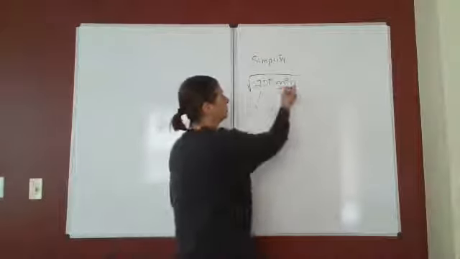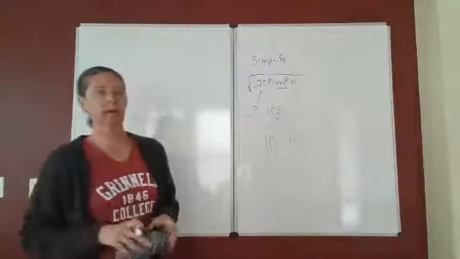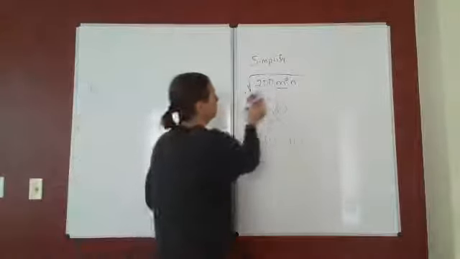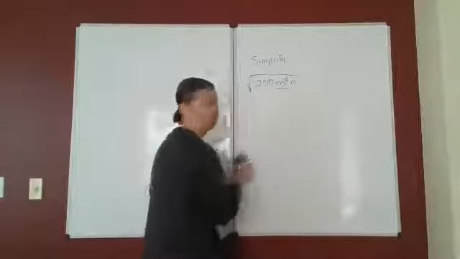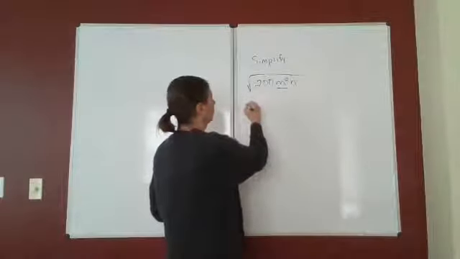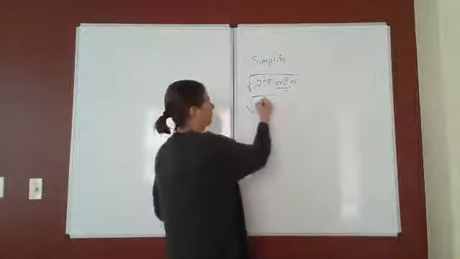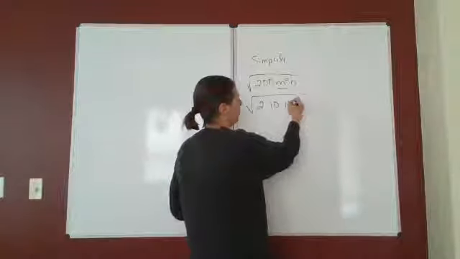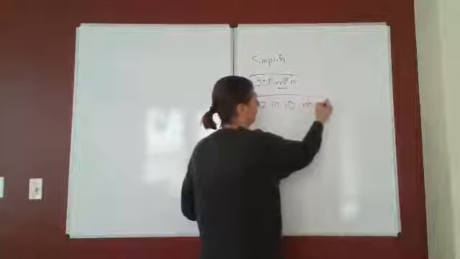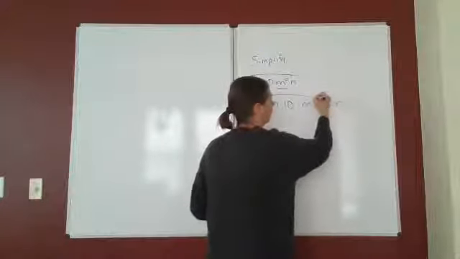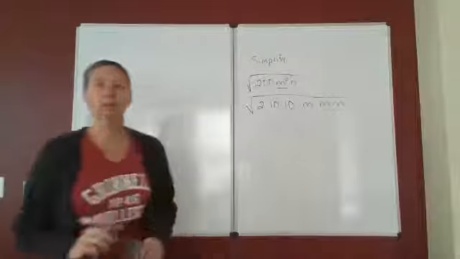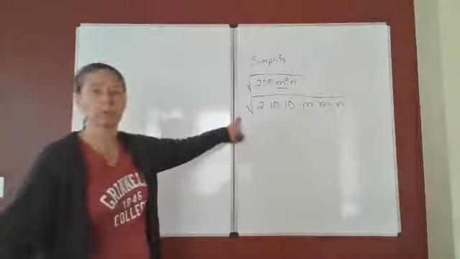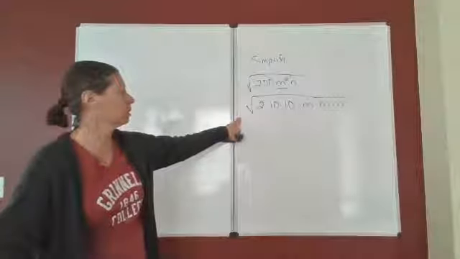We also have m squared, and we know that m squared is m times m, so that is also a perfect square. So if I was going to write this out again with all of my factors, I would have the square root of 2 times 10 times 10 times m times m times n. So that would be the way that I could write out this problem using all of the factors of the terms that are underneath here.